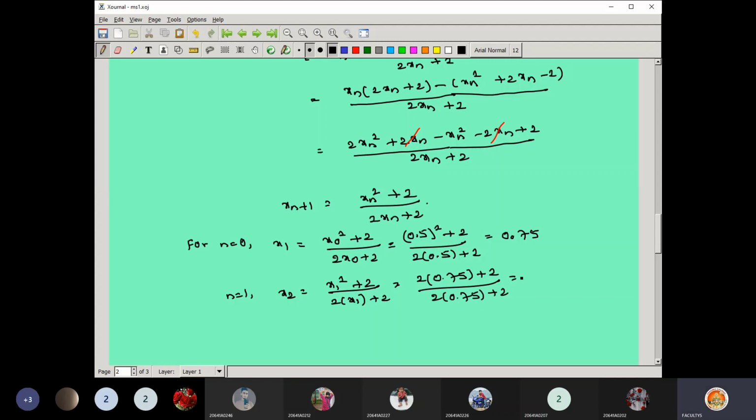So 0.75 you are substituting. What is the answer you are getting there? Definitely you should use the calculator, otherwise simplification is difficult. 0.732. Here you are getting square.